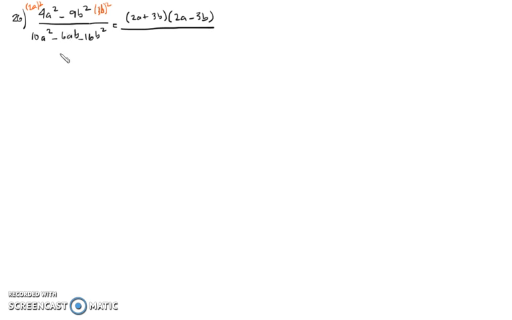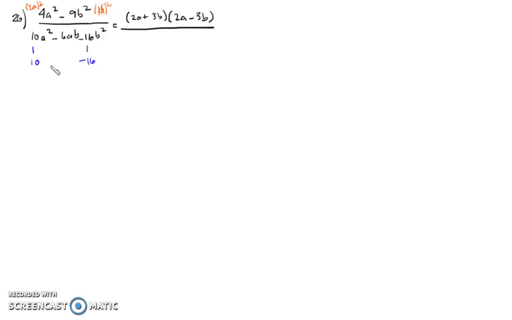For our denominator, let's try to use the cross method approach. So this gives me 1 and 10, and let's say 1 and negative 16.